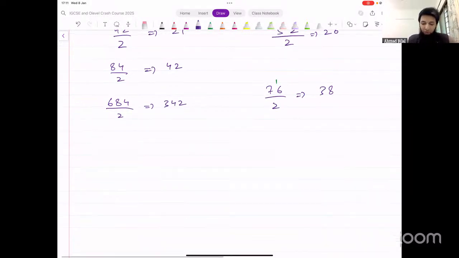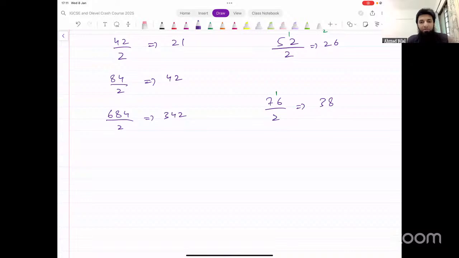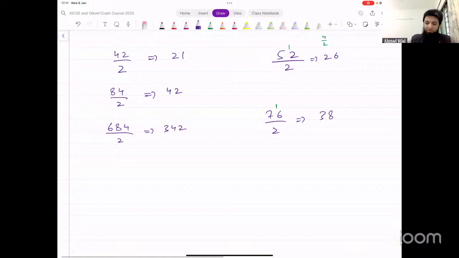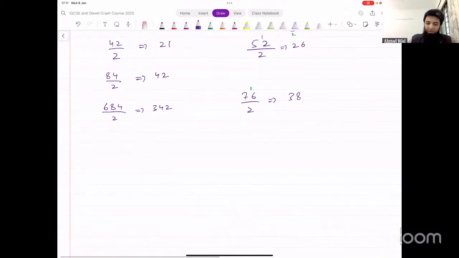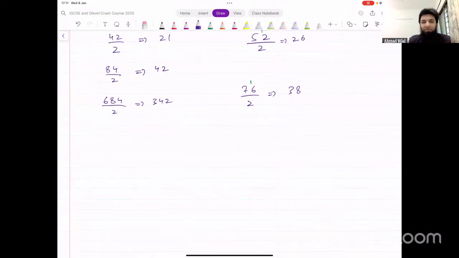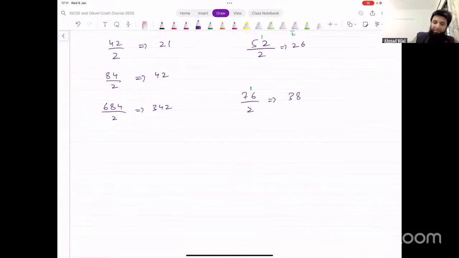So even numbers are going to be easier to divide like this. But once you know how to divide the even numbers, then the odd numbers are also fairly straightforward, because you can just add a 0.5 to them. Now, what do I mean by that? Let's say I've got something like this.